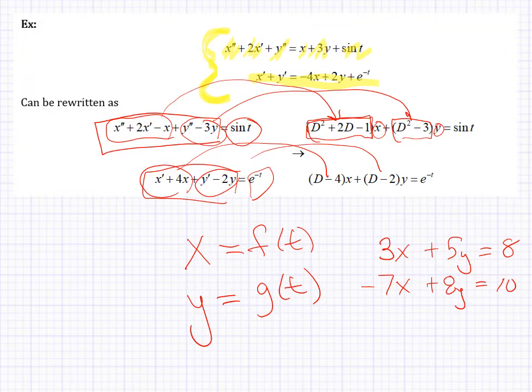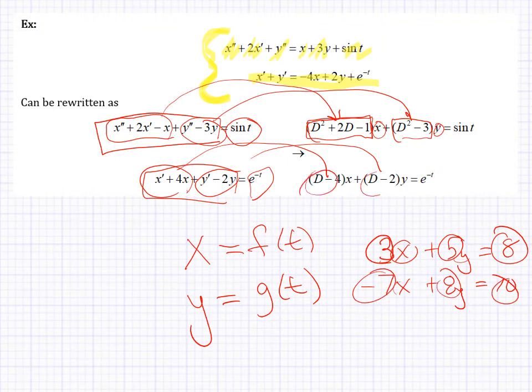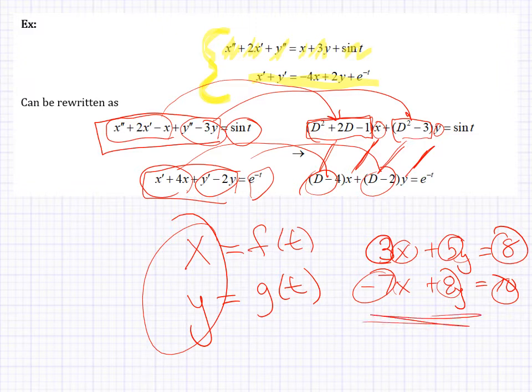Okay? You have something x plus something y equals some value, and something x plus something y equals some value. We kind of have that set up here. And you're trying to find the x and y, essentially, that satisfy this. And that's why we're going to use this notation to solve this by elimination. So we're trying to relate it to what we've seen back in algebra.